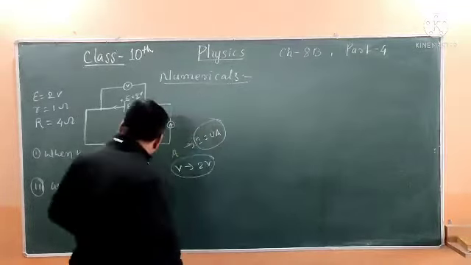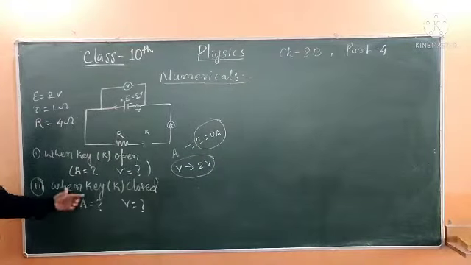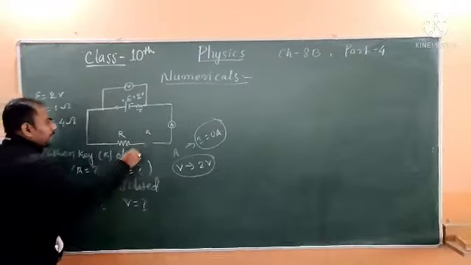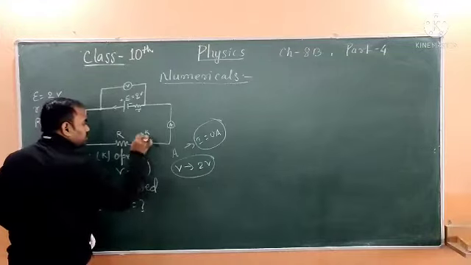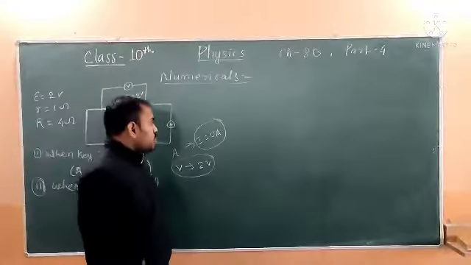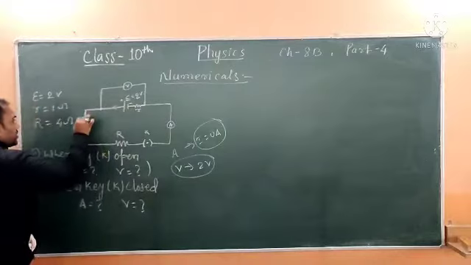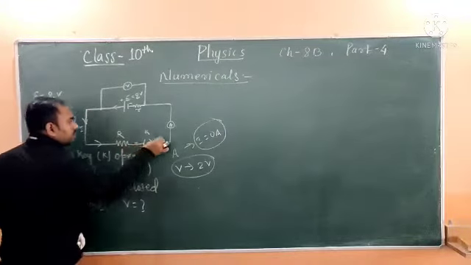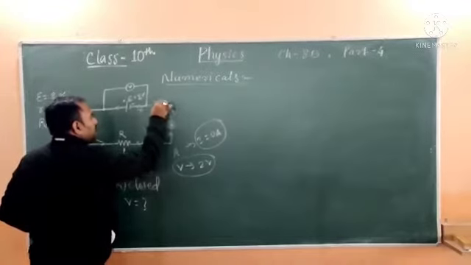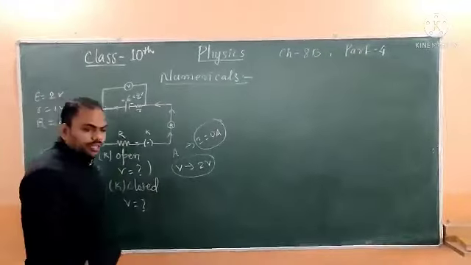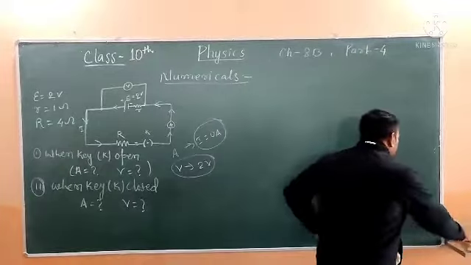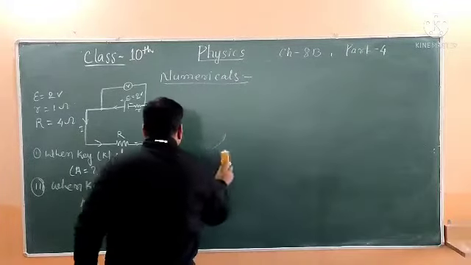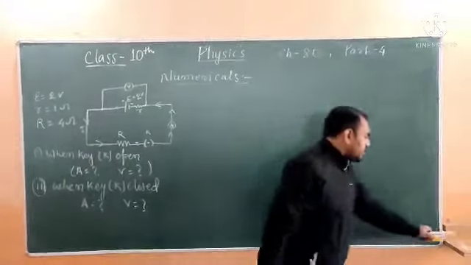Now, what will happen if the key is closed? Now the current will start flowing from here, and it will go through these resistors, through the ammeter, and reach the negative terminal. So current starts flowing in the circuit.